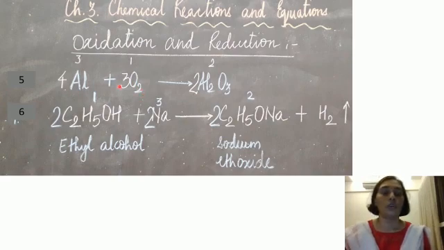So if we have to balance, the procedure is to start with the smallest coefficient, and that is 2. But if you write a 2 coefficient here, it would make oxygen 4. And then to make a 4 on this side, you have to write a minimum coefficient 2. But with coefficient 2, the number of oxygen on the product side becomes 6. So you have to write a 3 here instead of 2. And now you find that the oxygen atoms are balanced.